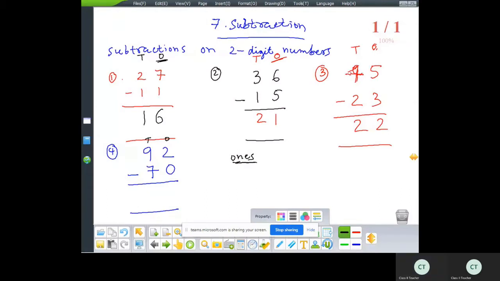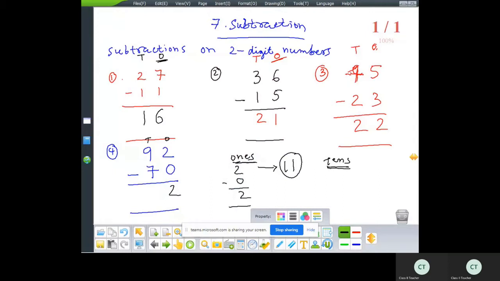The digits are in the ones place, 2 and 0. 2 minus 0. From 2, we subtract 0. 2 means draw 2 lines. From 2, we cut 0 lines. 0 lines means there is no line. We write 2 here, same. 2 minus 0 is 2.